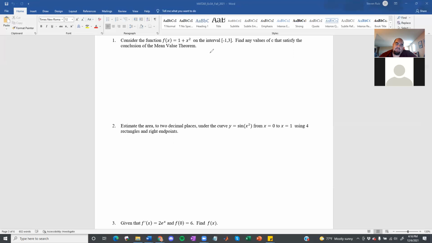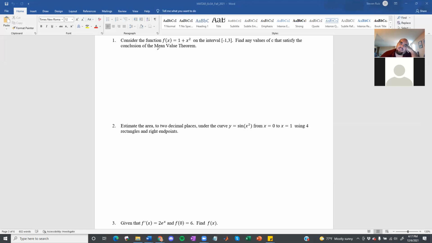Wait, am I thinking about this wrong? What's the formula for this one? It's f of 3, I mean, what does this theorem say? Is it finding the area under the graph? No.